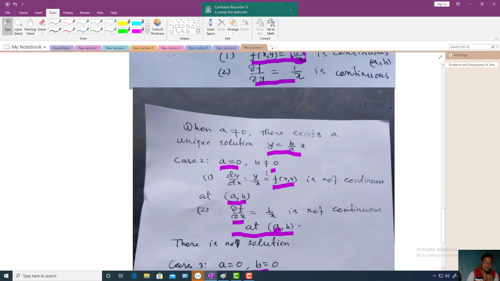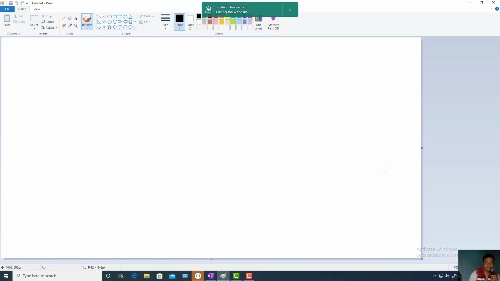Let us draw some diagram for the last cases all together. This is your x-axis, y-axis.